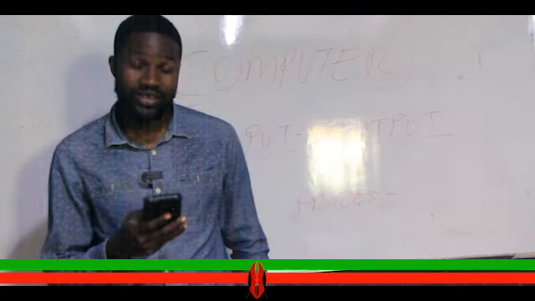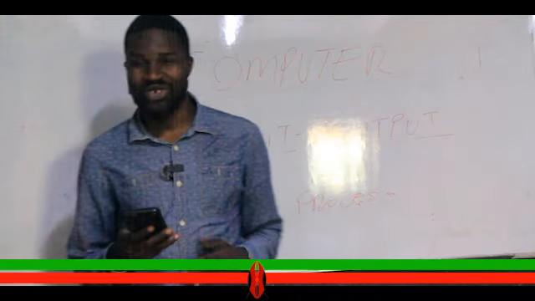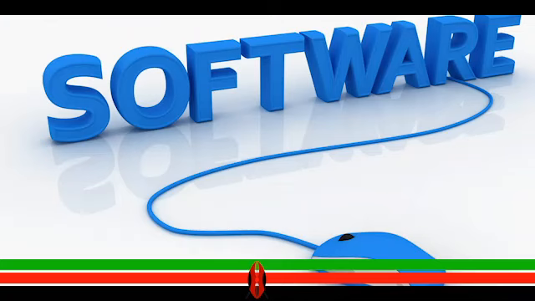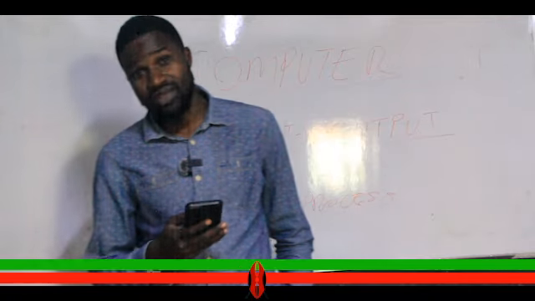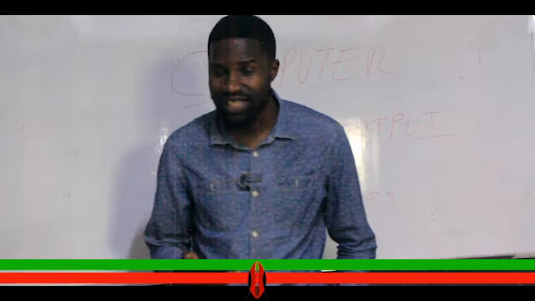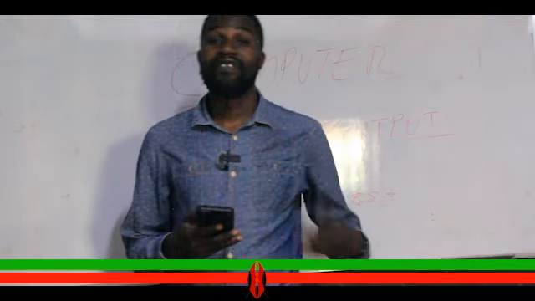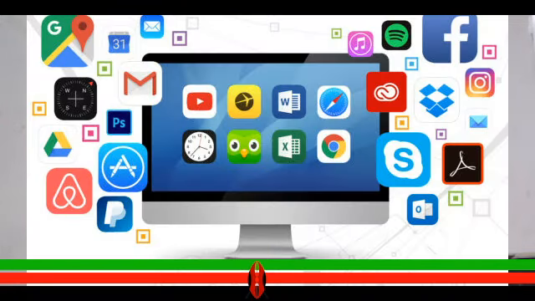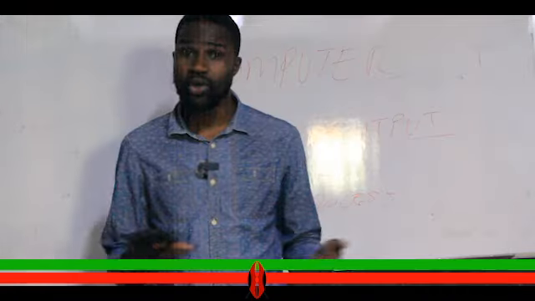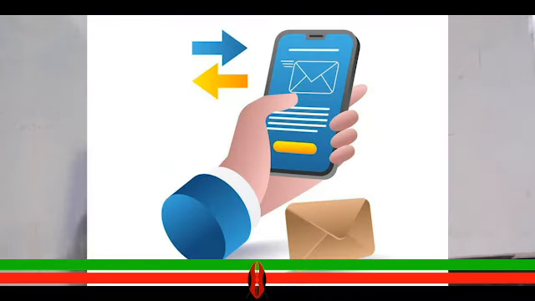Number two, we have software. What is software? Software is programs, instructions you cannot touch, just like wind. You cannot touch wind. So software is the programs that are running on your computer. For example, you have a mobile phone and you're using WhatsApp.